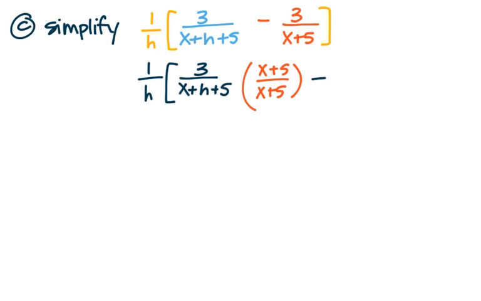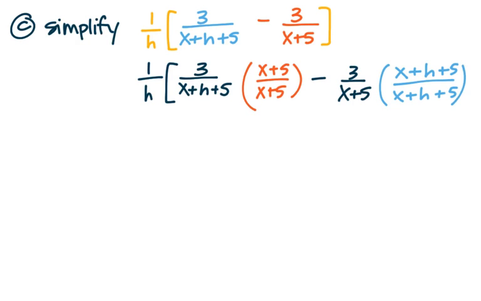Then we have minus, I still have my 3 over x plus 5, and I'm going to multiply that also by 1, which is x plus h plus 5 over x plus h plus 5. All right, so I get my common denominator values by looking at the other denominator and putting it over itself to be 1. So now as we simplify, I've still got my 1 over h in the front.